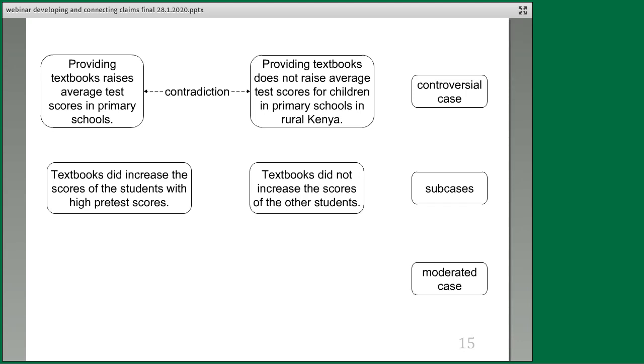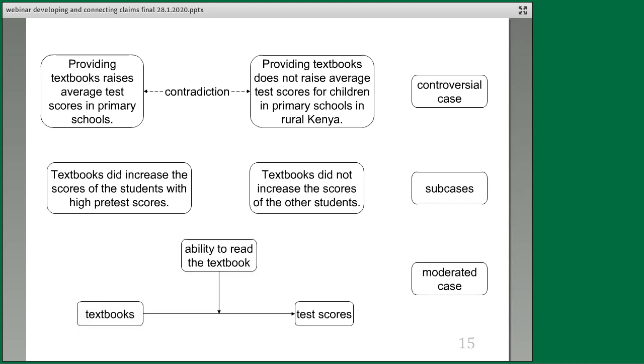And then, most importantly, is the moderated case. The moderated case means that we also explain why these two subcases. So we can still say textbooks have an effect on test score, in the sense textbooks increase test scores, but they only do that when children are able to read their textbook.